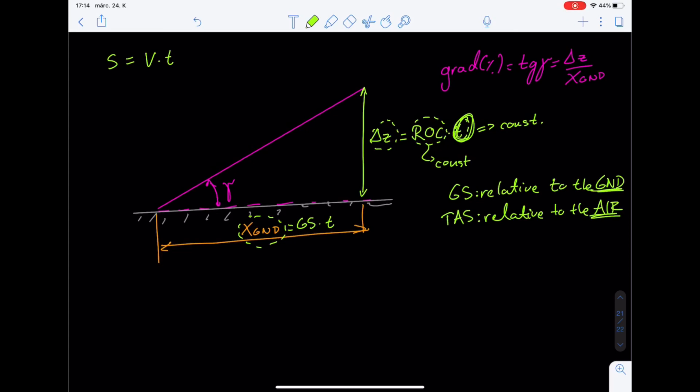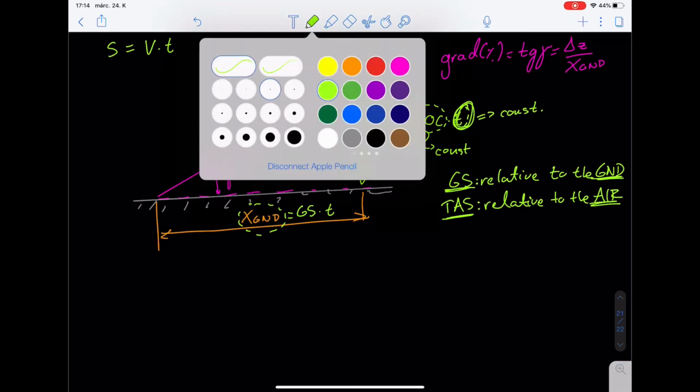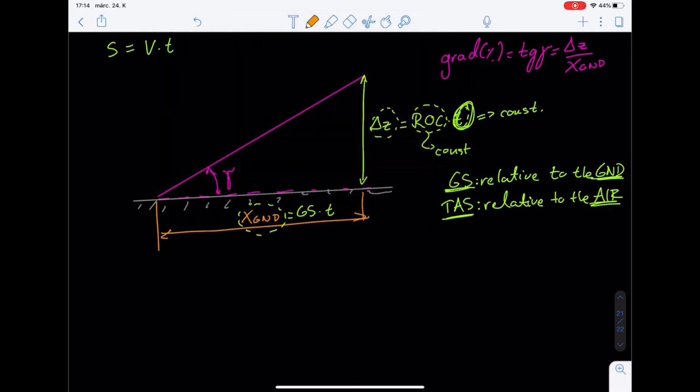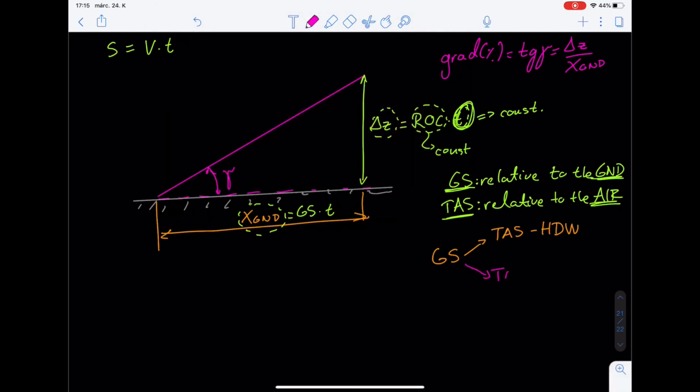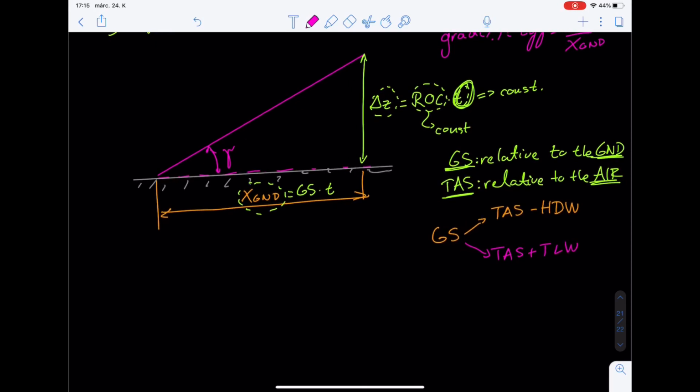And how we can calculate one from another is we're going to see that the ground speed is the true airspeed minus the headwind, or the true airspeed plus the tailwind. I think it makes sense, right?